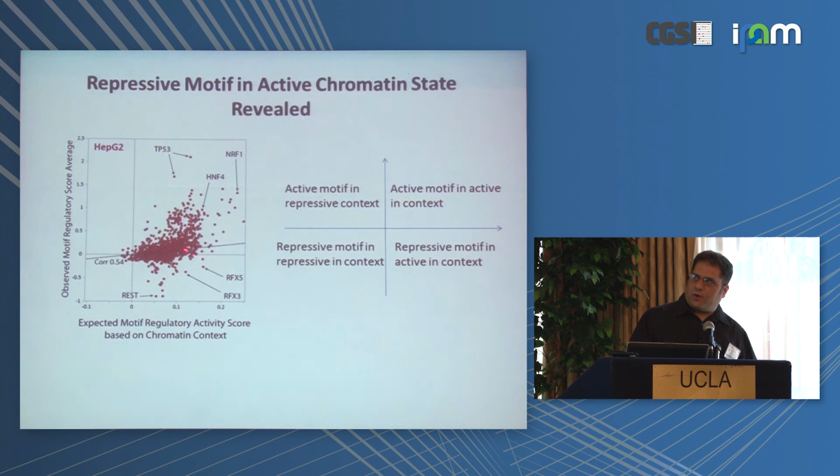But then we found cases where some motifs greatly outperform what's expected based on their chromatin state context, like p53 sequences, which were among the most activating but weren't strongly associated with the most activating chromatin states. RFX motifs, meanwhile, were found in some of the most activating enhancer or promoter elements but had well below average activity. So this is a case where you have a repressor or staller motif sitting in some types of enhancers, which would be hard to identify using other types of approaches.